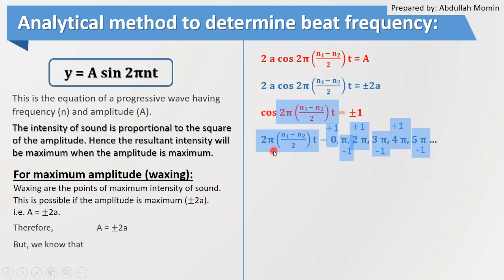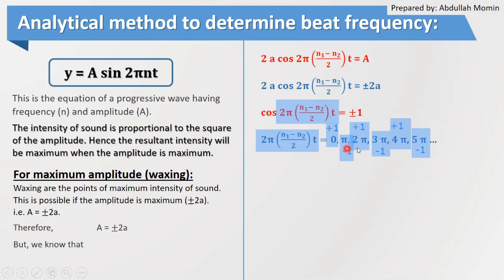When this bracket is equal to π, that means cos π, that will be equal to minus 1. Cos 2π plus 1, cos 3π minus 1, cos 4π plus 1, cos 5π minus 1, and this series will go on.